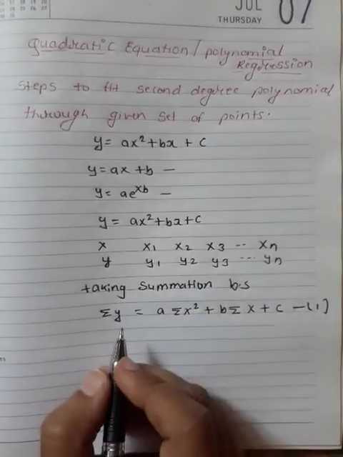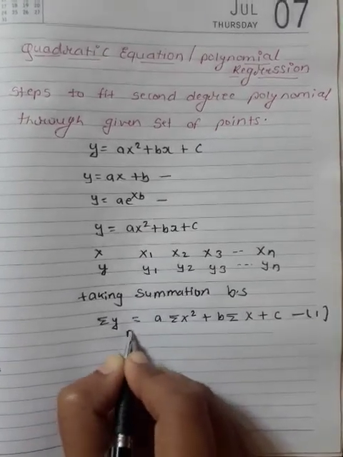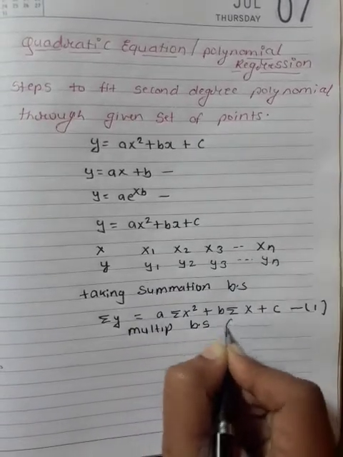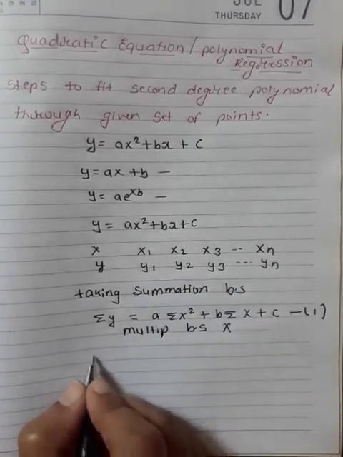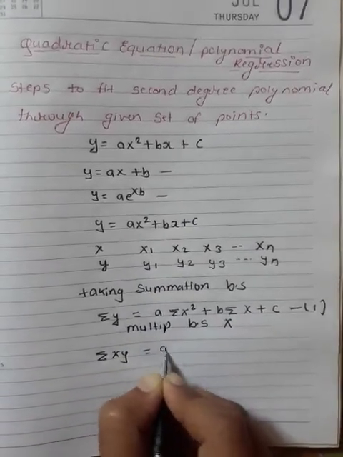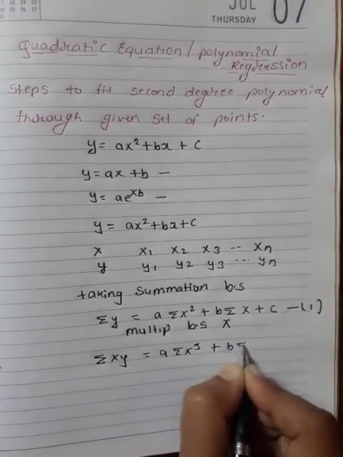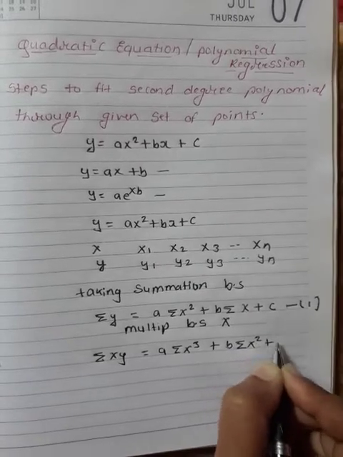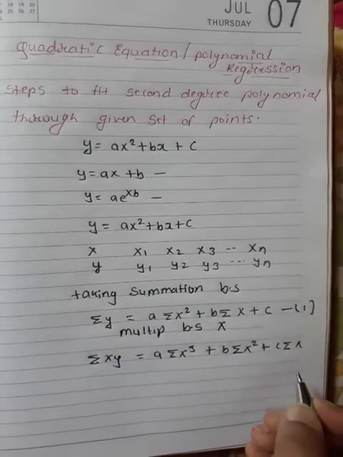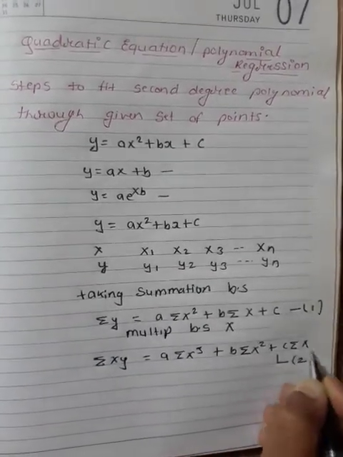Again, what we have to do is multiply both sides by x. The equation becomes Σxy = aΣx³ + bΣx² + cΣx. So this is another equation you have got.